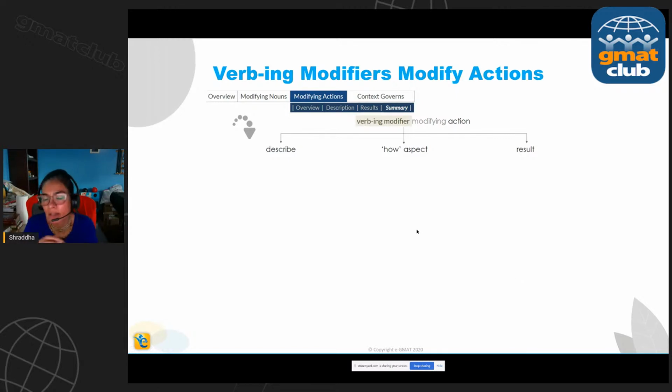And here is where things get a little more complicated, as we already discussed in the slide before this, that we can divide the action modifiers in three functions. It either describes the preceding clause, or it presents the how aspect of it, or it presents the result of it.